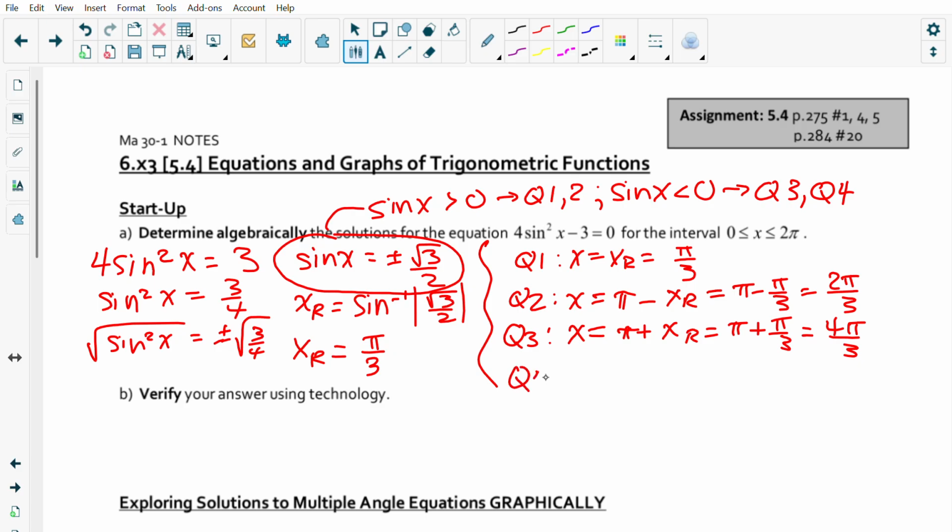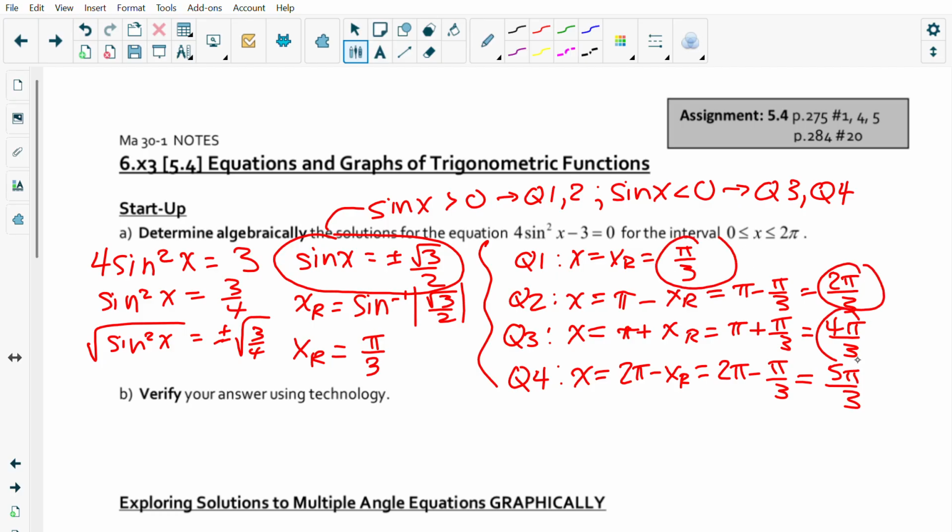And in quadrant 4, my angle in standard position equals 2 pi minus, in general form, x_r, the reference angle, and that equals 2 pi minus pi/3, and that is 5 pi/3. Okay, so I actually have 4 different solutions here based on a reference angle of pi/3.